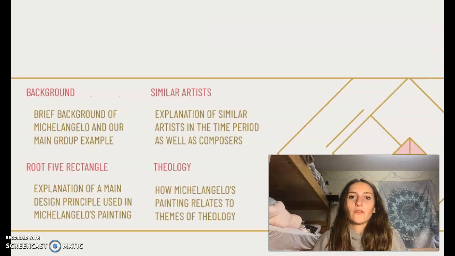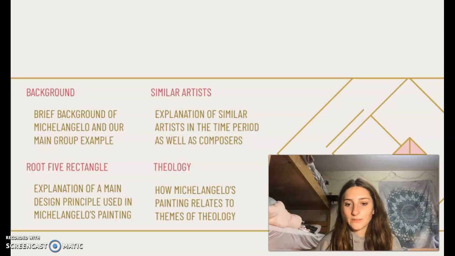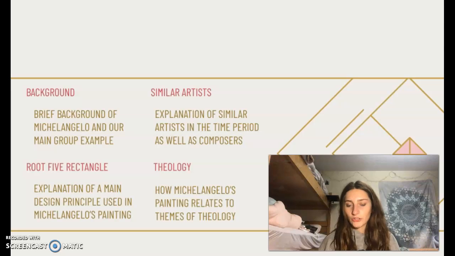So here is just a quick little overview of what you're going to find in our presentation. We are going to start with the background. We're going to give a brief background of Michelangelo and our main group example, which is the fall of man and the expulsion from the Garden of Eden. And then we're going to move into similar artists, and in there we are going to explain some of the similar artists from the time period, as well as the composers, Archidelt and Palestrina, which we had just mentioned.